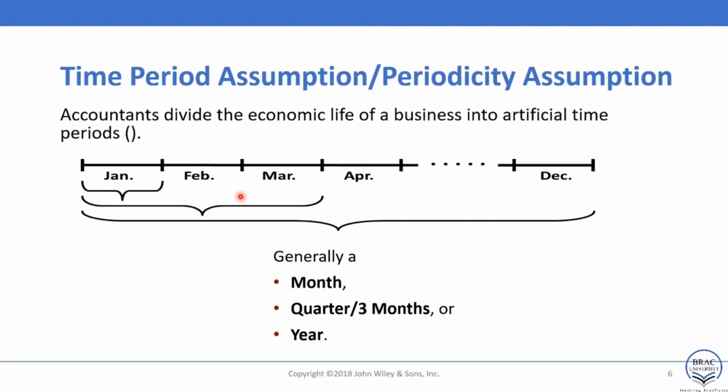And there is another company that prepares its financial statements after 1 year. So you can choose after how many months or how many days you want to prepare your statements, or restart your accounting process. This is known as time period assumption. But normally it has been seen that companies or businesses generally divide their time period into months, quarters or years. Okay.